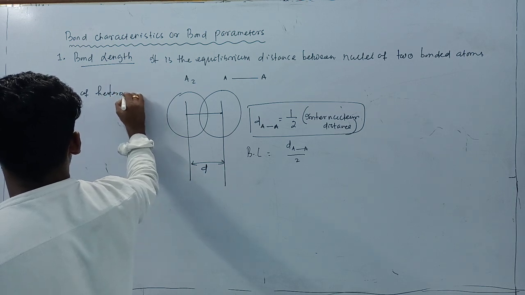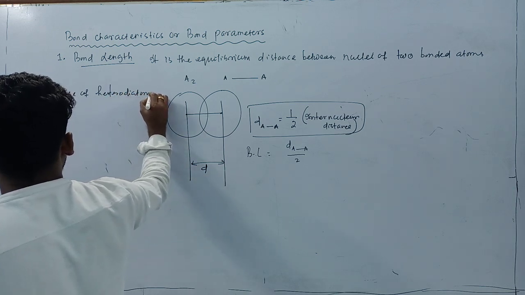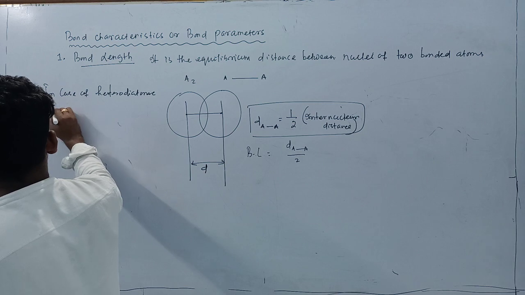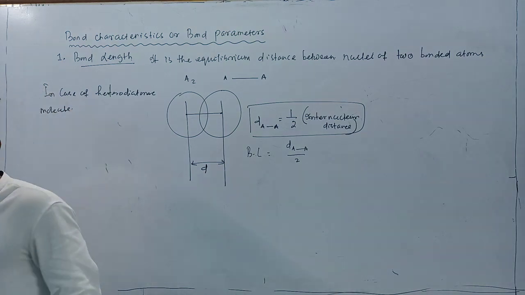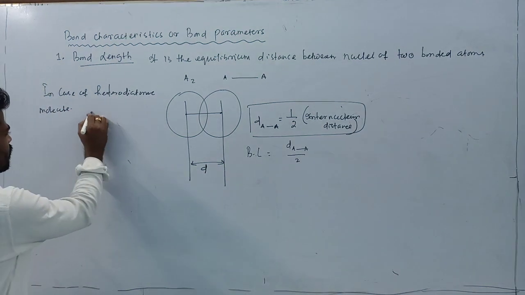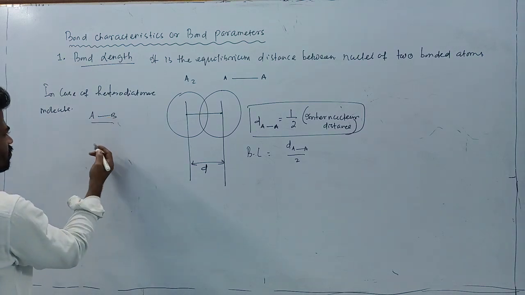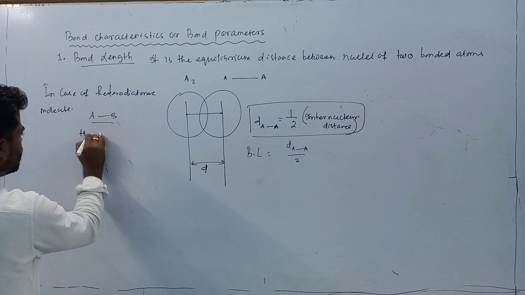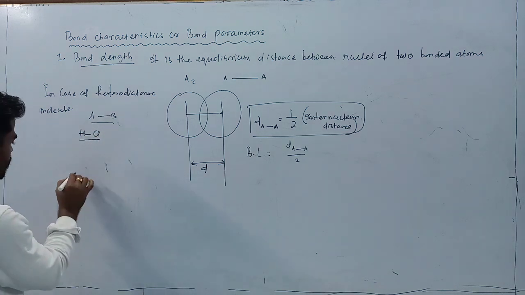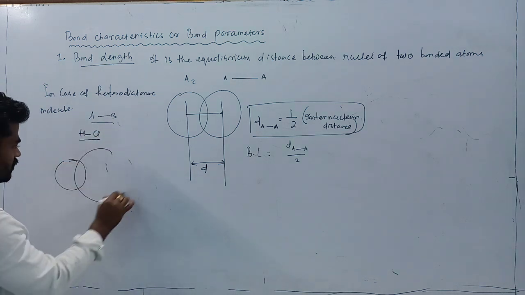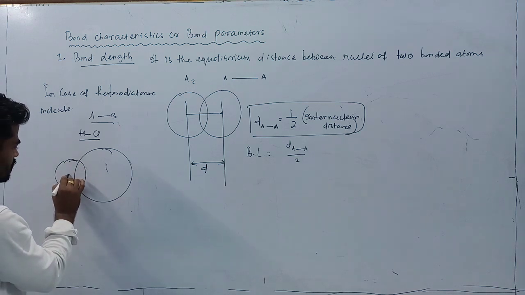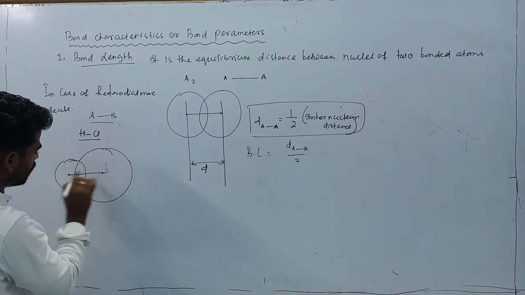Now if I consider a heterodiatomic molecule with different sizes, that means two different atoms are there. Let's say AB, or very simply let's say an HCl molecule. This one is hydrogen and this one is chlorine. The distance between the nuclei is called bond length.